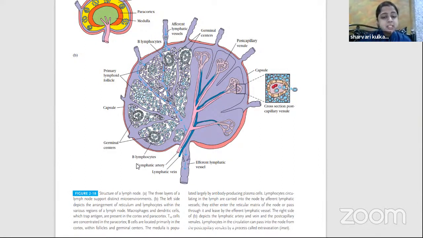You have afferent vessels and efferent vessels, and the capsule. These are the regions where you have densely populated B lymphocytes. Then B lymphocytes again become germinal centers. So these are some regions of lymph nodes.